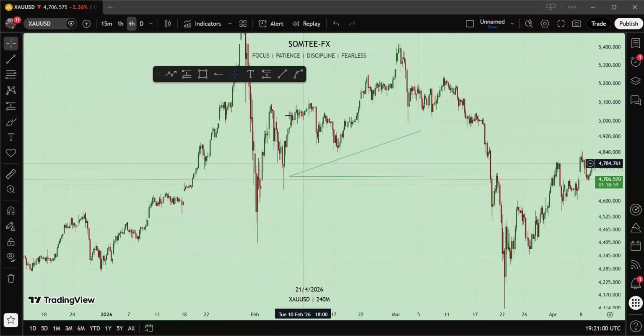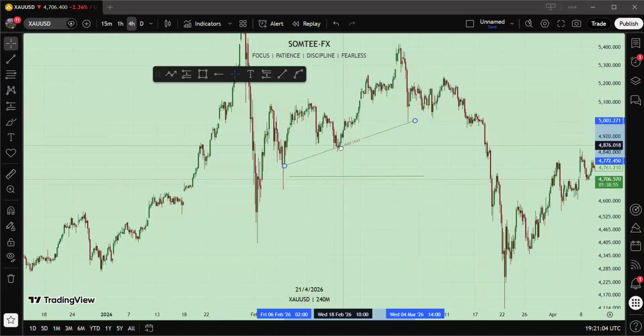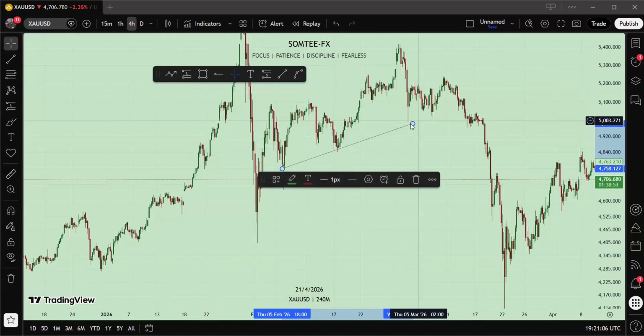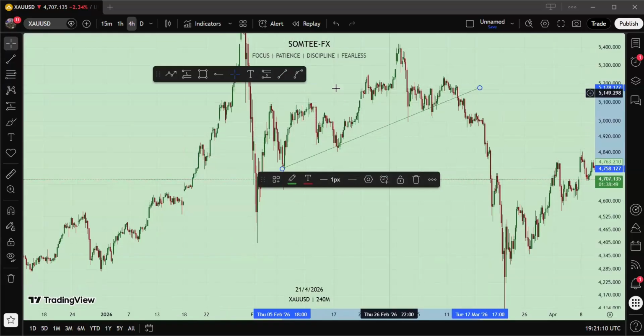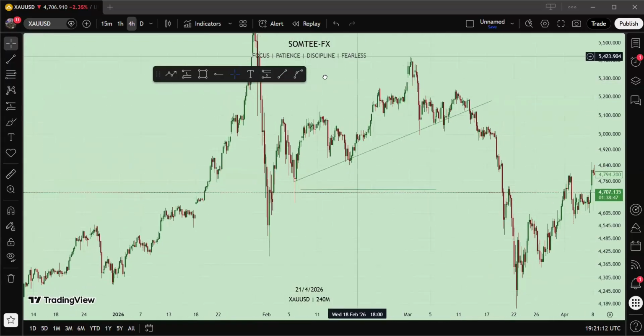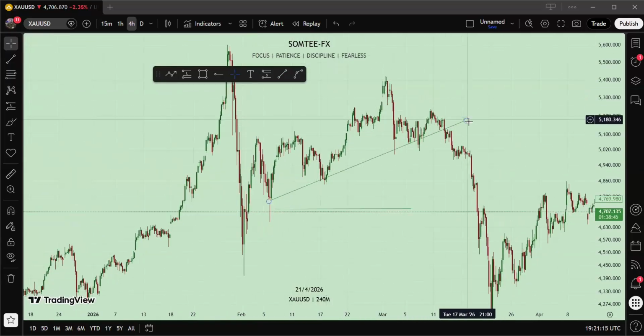Probably we are saying that this market, from here, is going to sell. From this particular angle it is going to sell down to this particular downside. That's what the line we are mapping out is telling us.